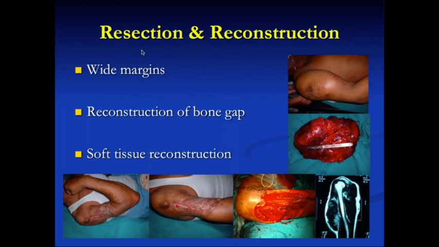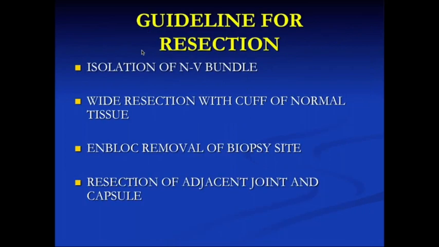The common adjuvants which have been described are bone cement, polymethyl methacrylate, liquid nitrogen, phenol, various types of lasers and electrocautery. This allows us to extend the margin locally and make sure that we have taken care of most of the aggressive tumor cells.